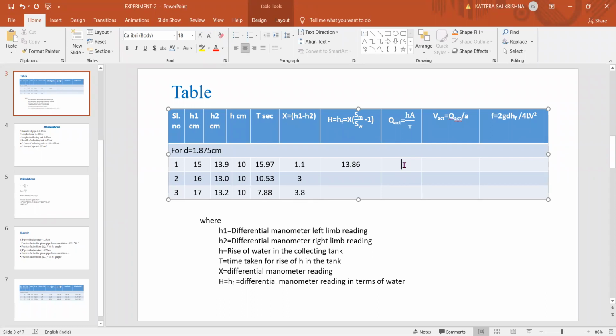Send the message. I think it is wrong. Please check the value of Q actual.